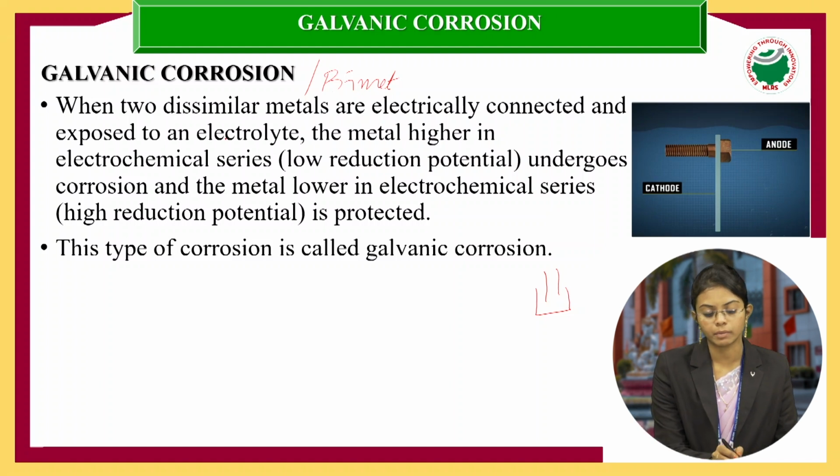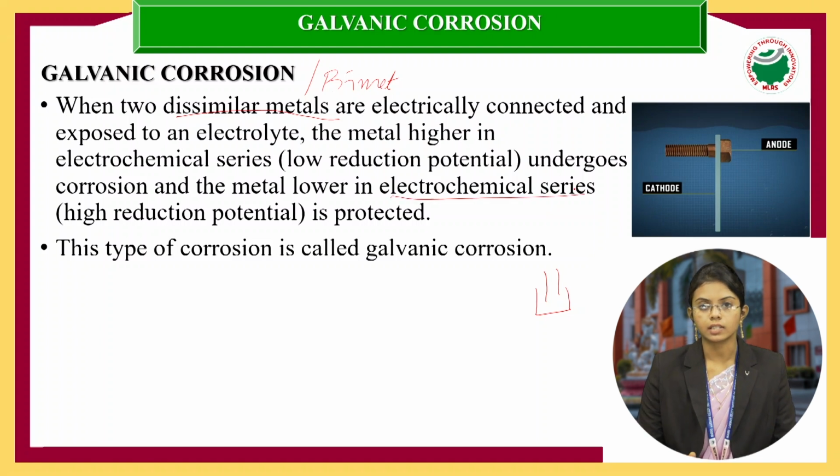So when two dissimilar metals are electrically connected and exposed to an electrolyte, the metal, first going into an electrochemical series, the word meaning, electrochemical series is nothing but the arrangement of metals.